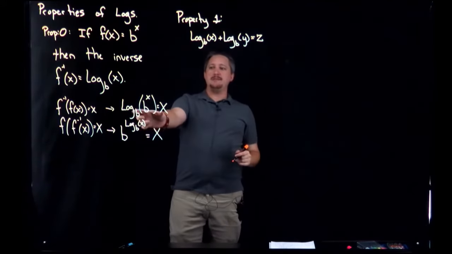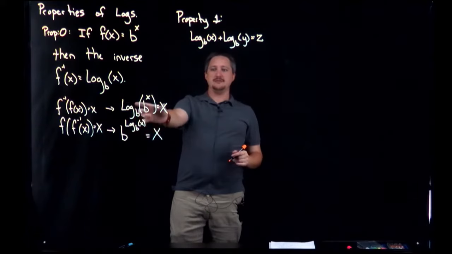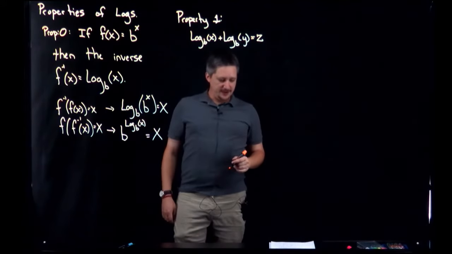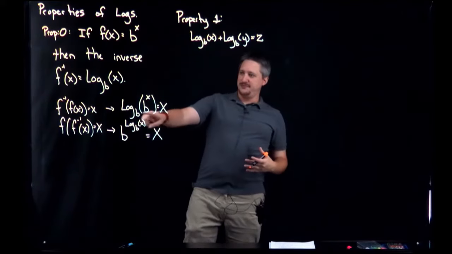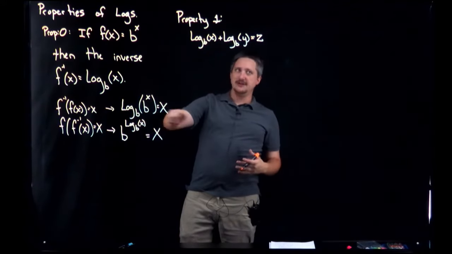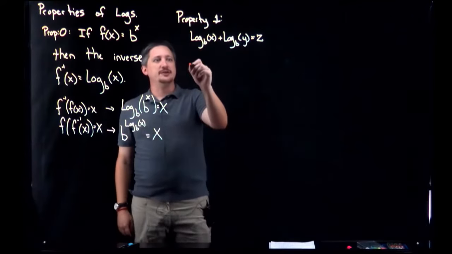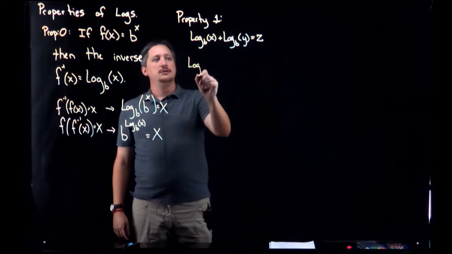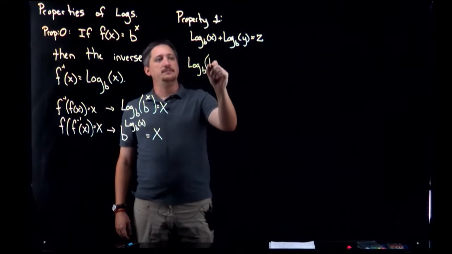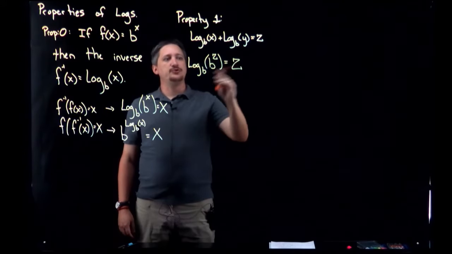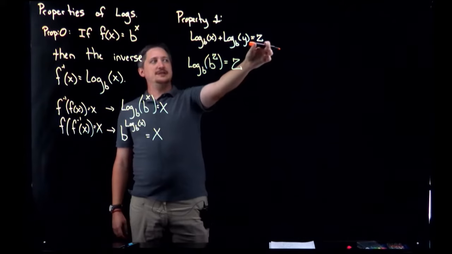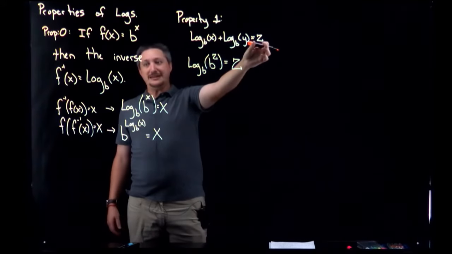And then I'm going to remember these properties here, okay? So in particular, I'm going to look at this piece here for a z, meaning that I'm going to write log base b of b to the z equals z. So this is true for any z. It's therefore true for this particular z, right?